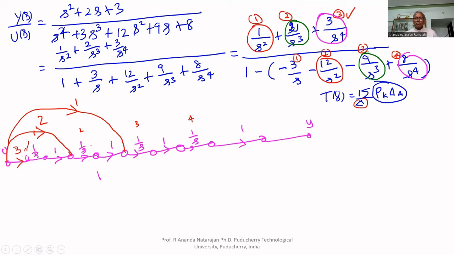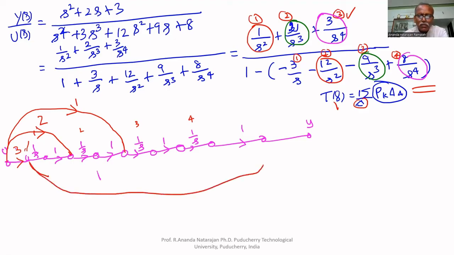Now we have to draw the loop gains. Let us start with the 8. That loop gain is 8 times s power 4. All will be included and the gain is minus 8. Then 3 integrators gain minus 9.